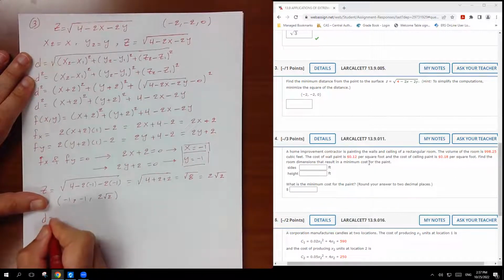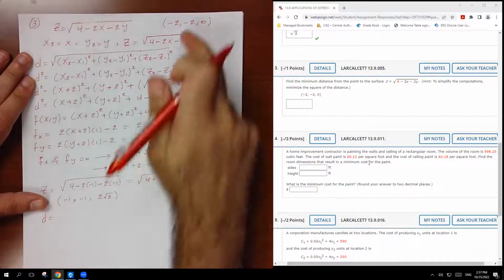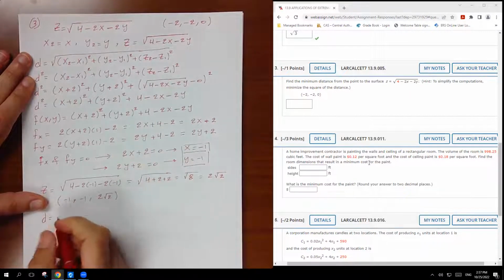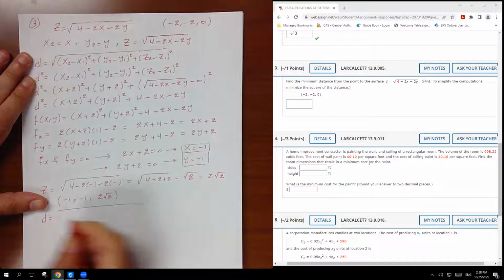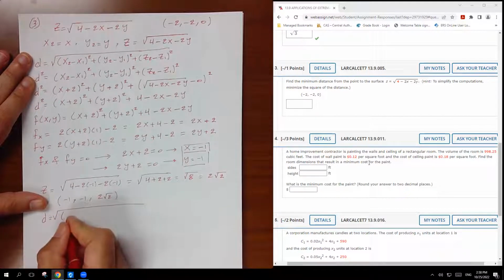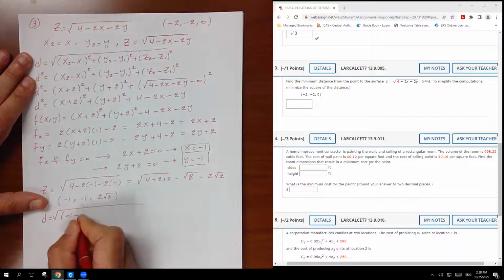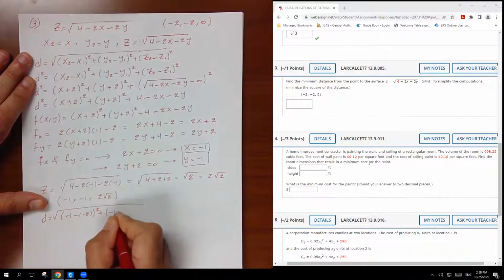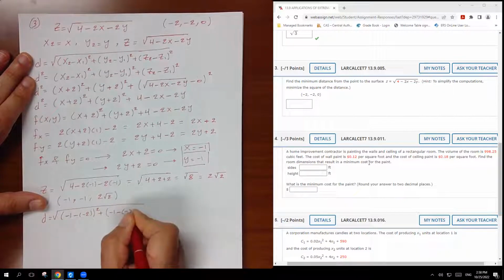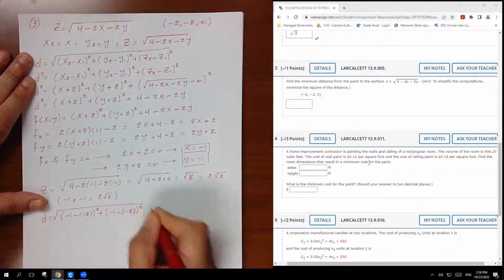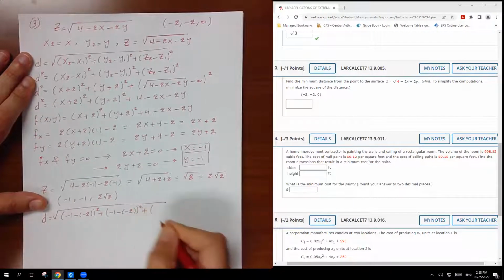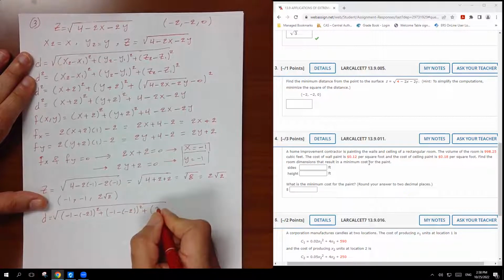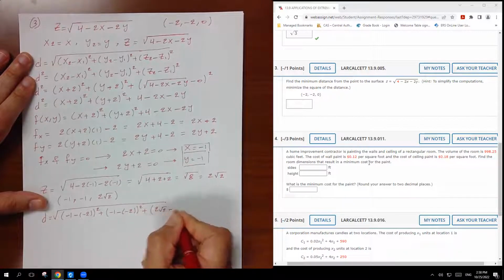To find the distance between this point and the given point, it's going to be the square root of x2, negative 1, minus x1, which is negative 2, squared, plus y2, which is negative 1, minus y1, which is negative 2, squared, plus z, which is 2 square root of 2, minus z1, which is 0, squared.